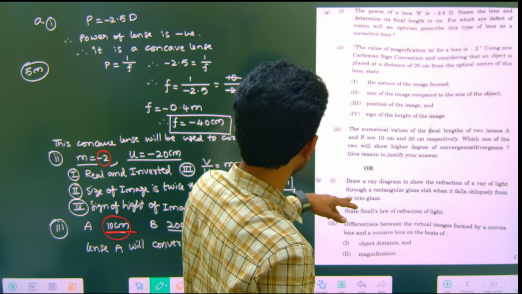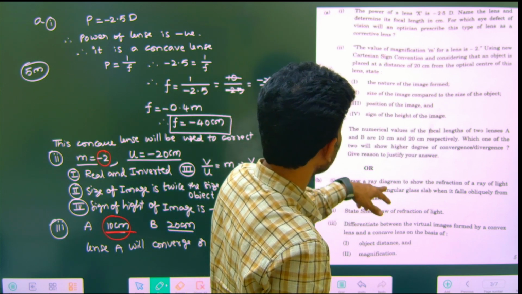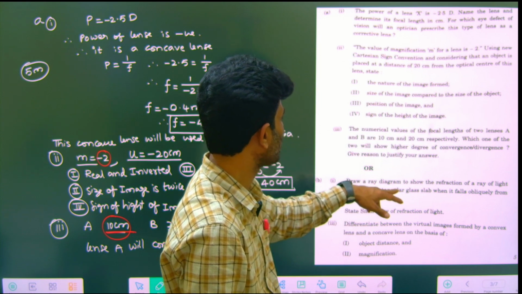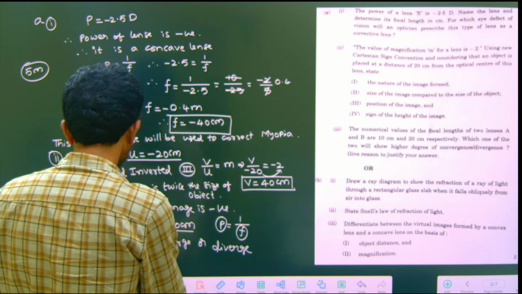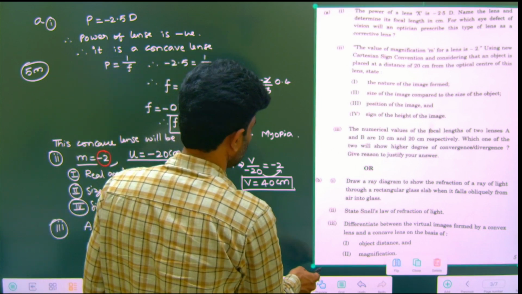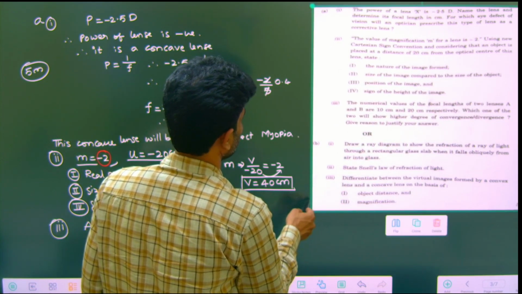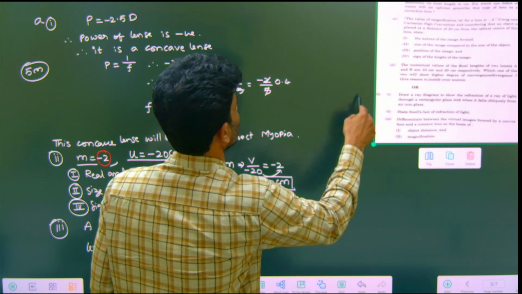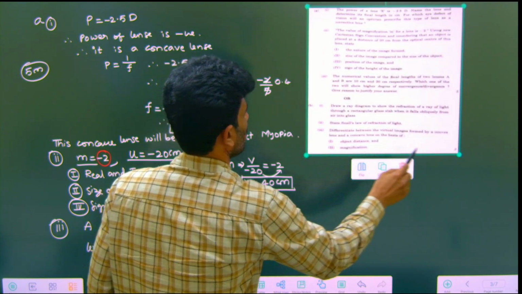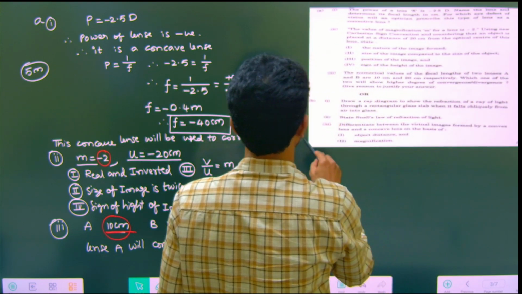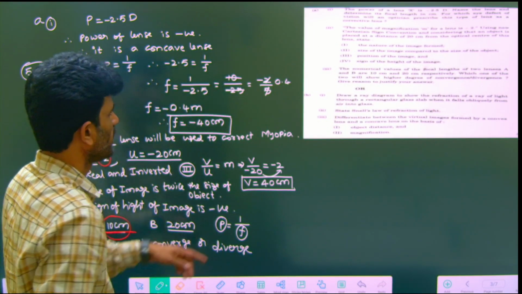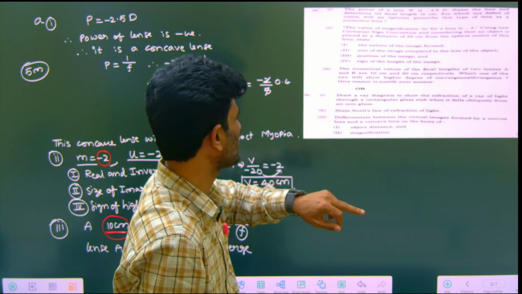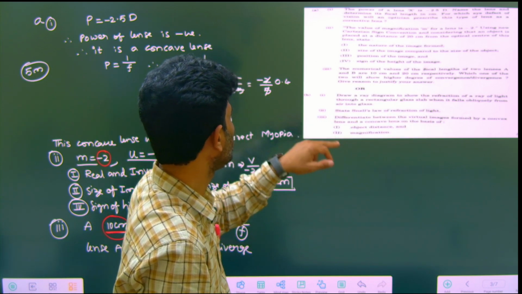Now, in that only, we have the question: draw a ray diagram to show the refraction of a ray of light through a rectangular glass slab when it falls obliquely from air into the glass.